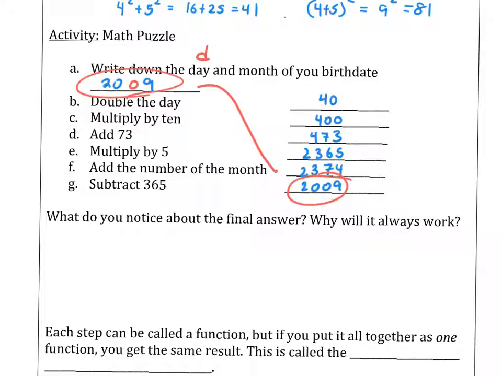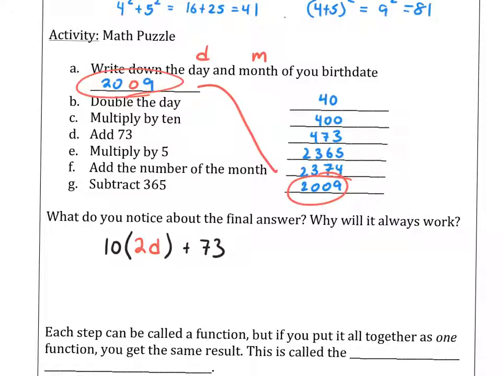Well, let's call D day. 73 times 5 is 365. And let's call M month. So I'm going to double my day, so 2 times day. Then I'm going to multiply this by 10, so all of this is going to multiply by 10. Then I'm going to add 73, so all of this adds 73.